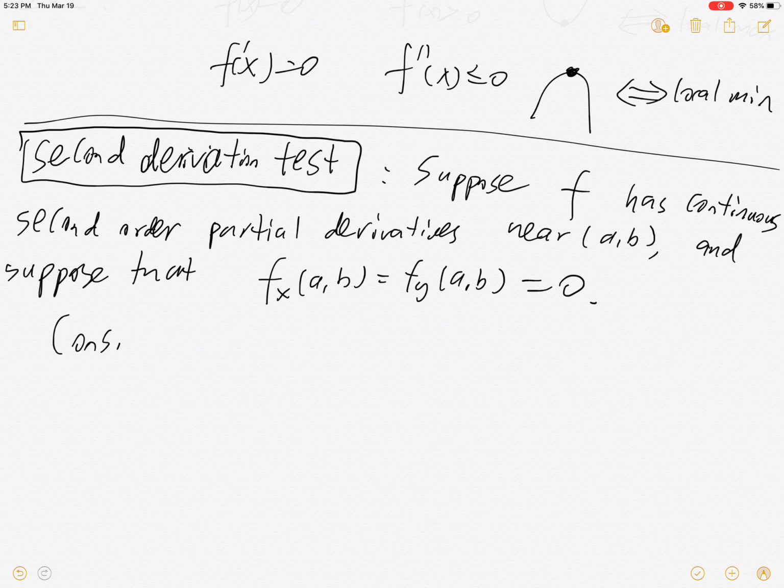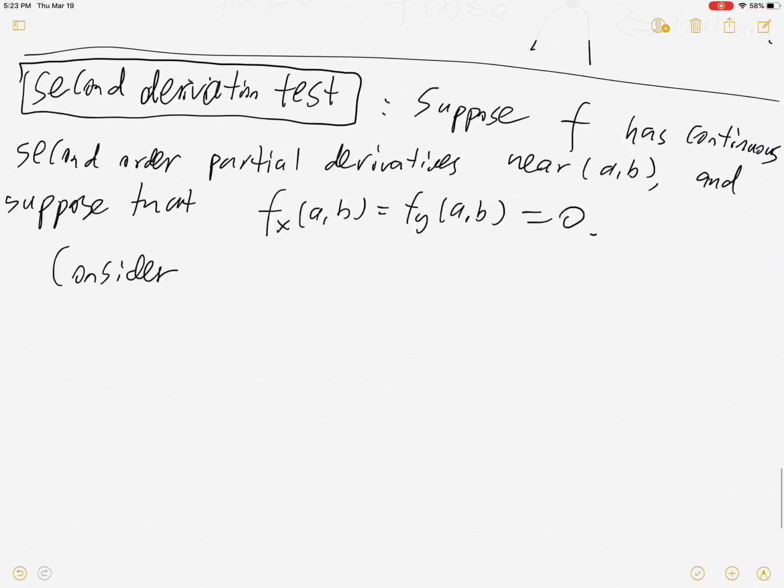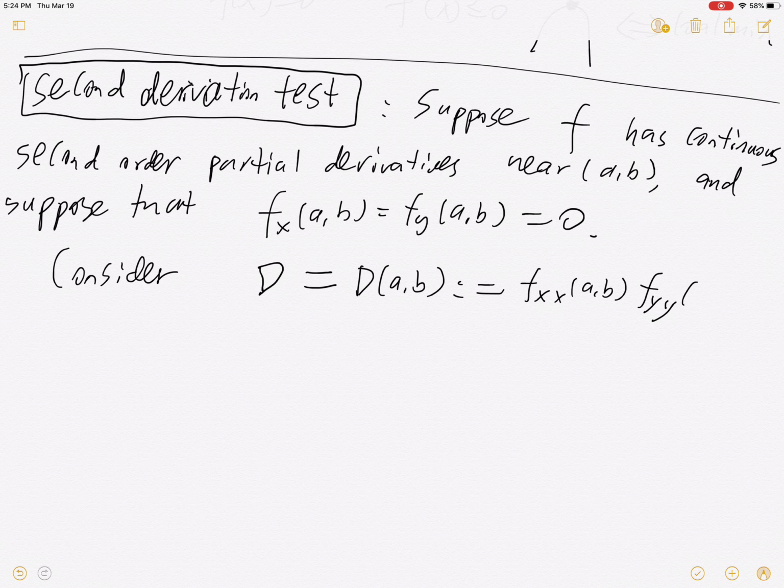Okay, then here look at the 1D case. You need to test positivity of a certain second derivative, but here you have a lot of derivatives. Then instead of testing one, we would like to test a certain algebraic combination of second derivatives. This is defined to be the xx derivative times the yy derivative minus the xy derivative squared.